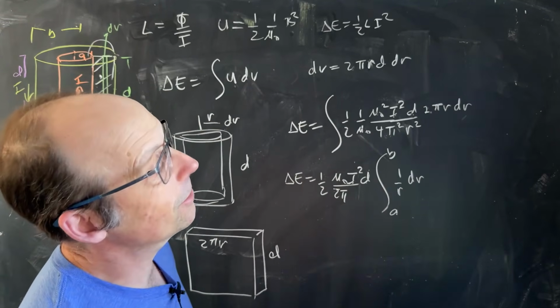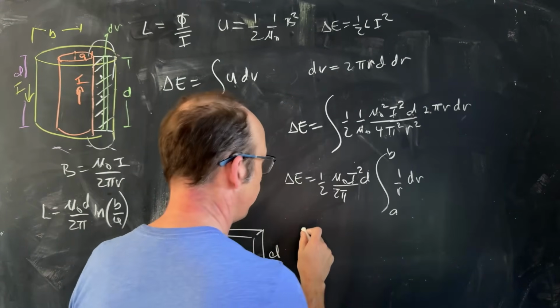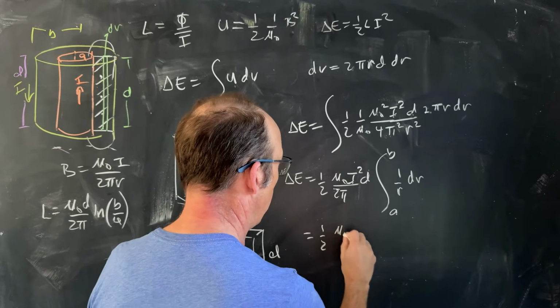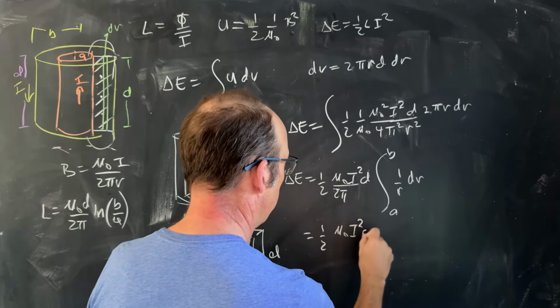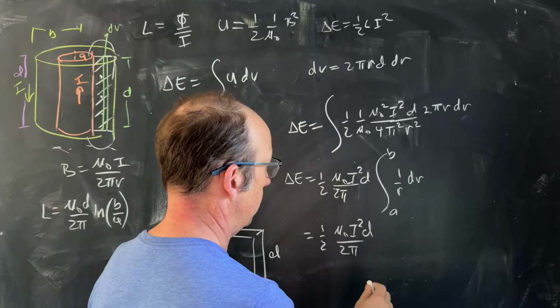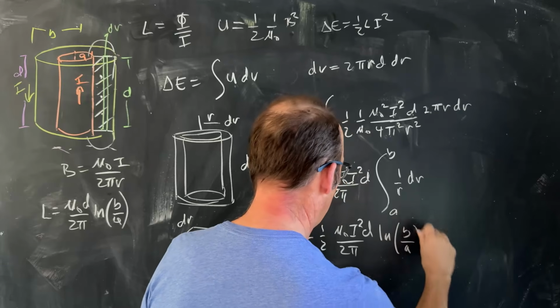I mean, that should not be surprising. Okay, so if we do this, we get 1/2 mu naught I squared d over 2 pi natural log of b over a.